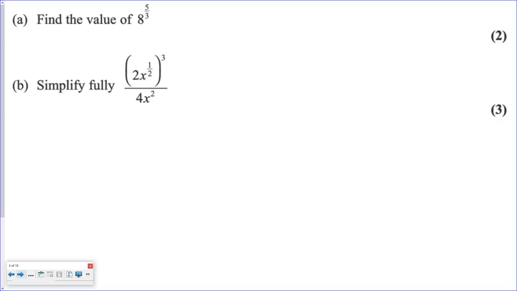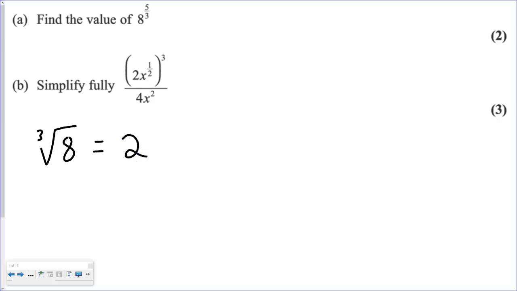Okay, on 4a, when we've got something raised to the power of 5 over 3, what we have to do is find the root of the number on the bottom of the fraction. So in this case we have to find the cube root of 8. So that's just a number that when you times it and times it again, it gives you 8.